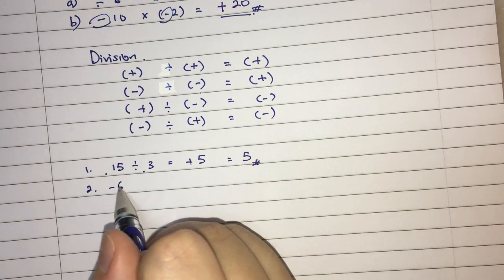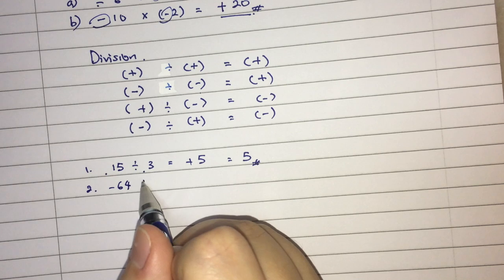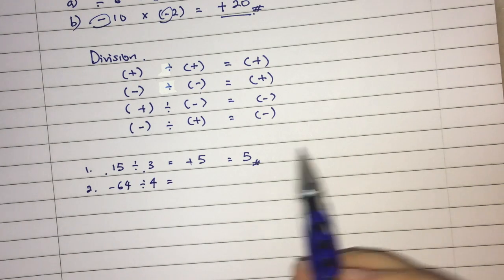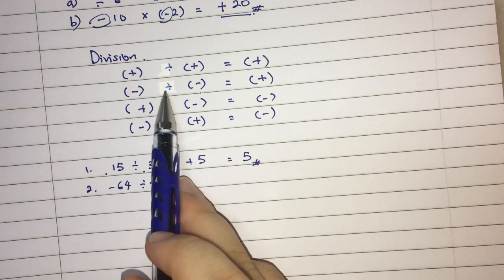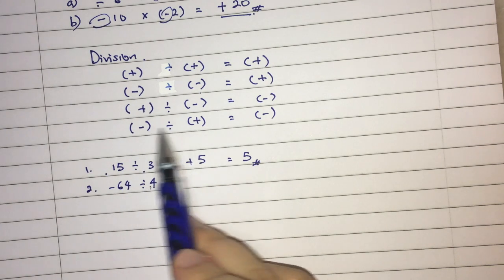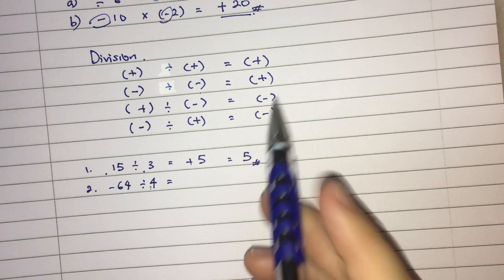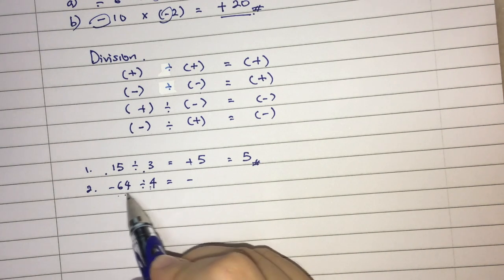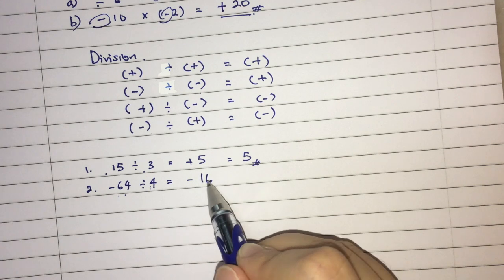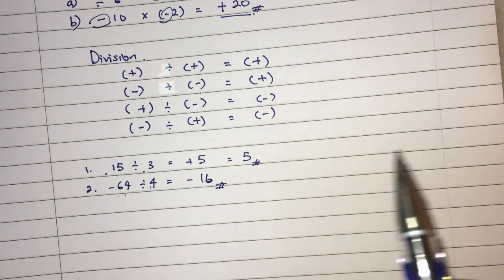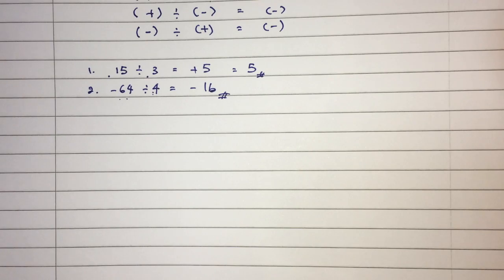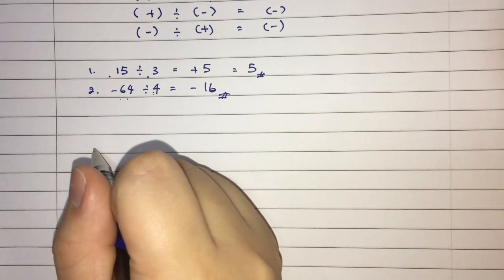If we got negative 64 divided by 4, what will be the answer? So negative divided by positive, so we still get a negative sign. And 64 divided by 4 is 16, so we got our answer. Okay, so let's see the questions.